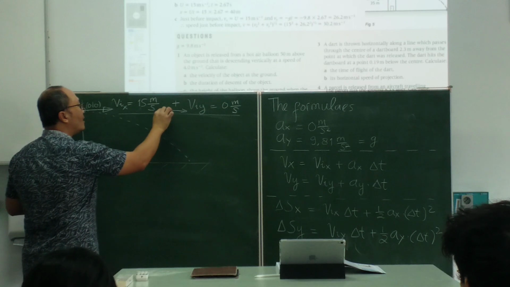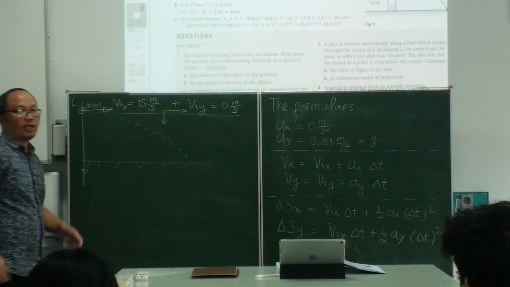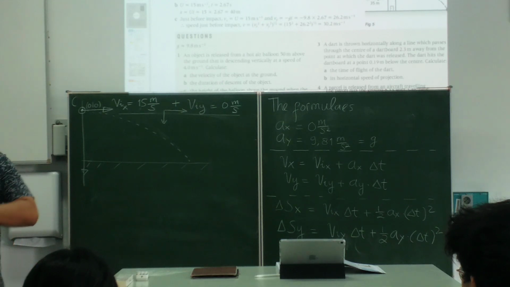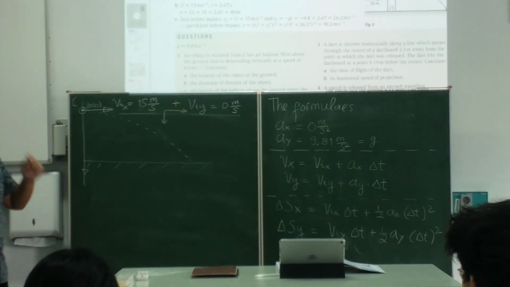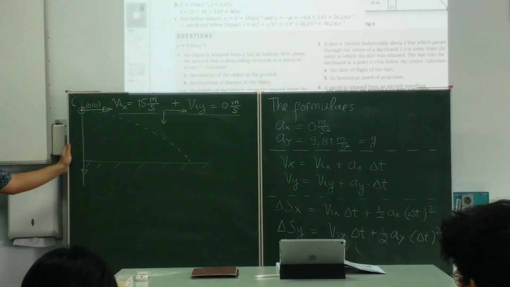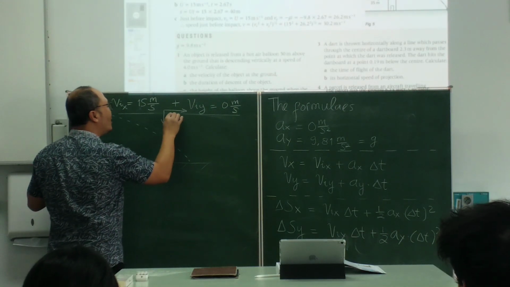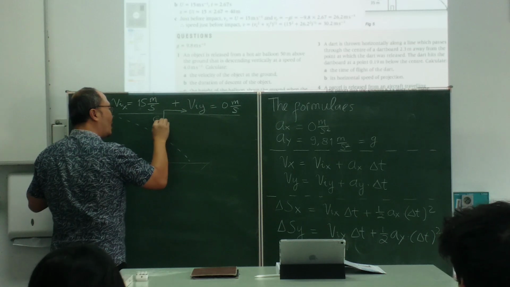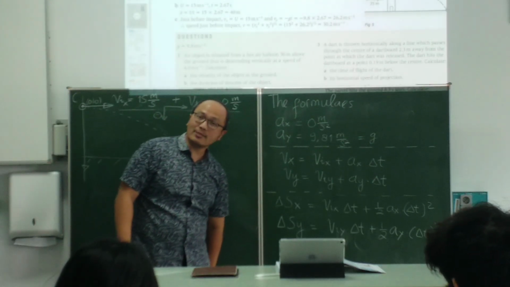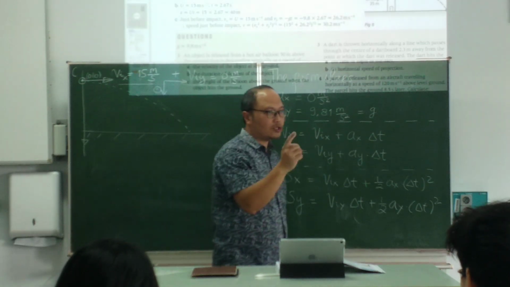And any vectors pointing down, whether accelerations, distance or velocity, will they be positive or negative? Negative, fine. It's actually free to choose. If you choose negative, it has a consequence here. Pay attention.